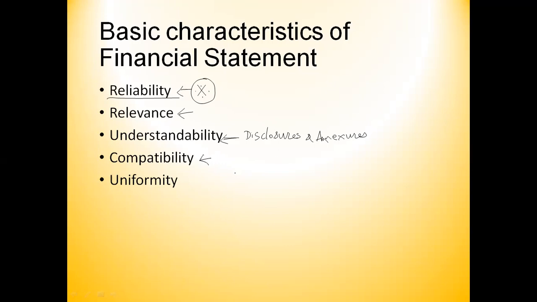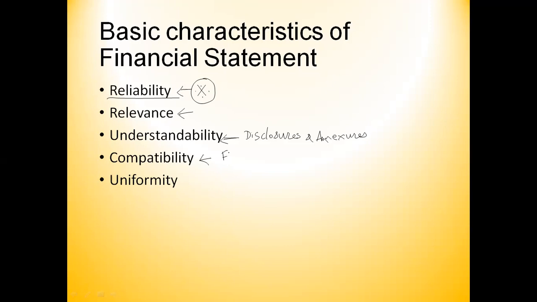Moving on, the next is comparability. The financial statements should be prepared on a comparable basis so that the financial performance of a particular entity can be compared with that of another entity belonging to the same sector.